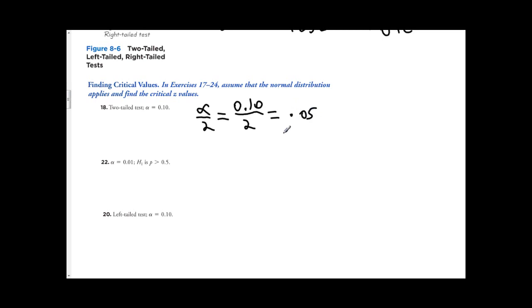We're looking for the z-score that separates 0.05 in the left and right tail, so that the total area in both tails will be 10%, because we'll have 5% in each tail. So we're looking for the z-score that separates 5% up here, 0.05, and 5% down here, 0.05.